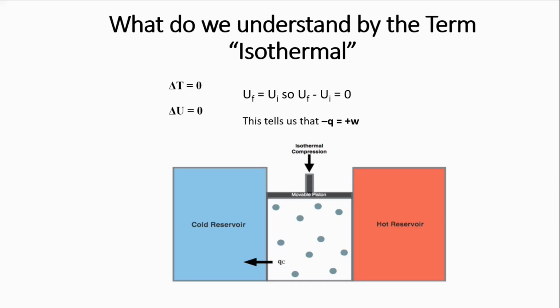This tells us that minus Q, that is, any heat lost by the system, must be replaced by work done on the system. Now let's consider a system with some gas particles in a container covered by a movable piston.